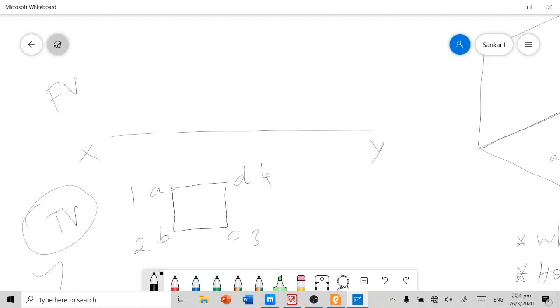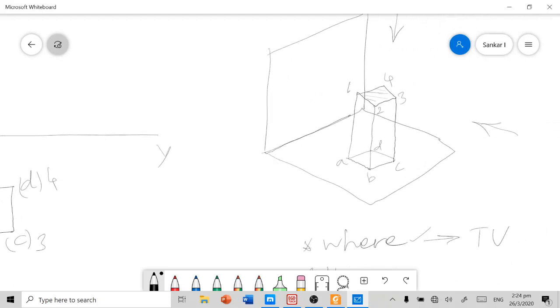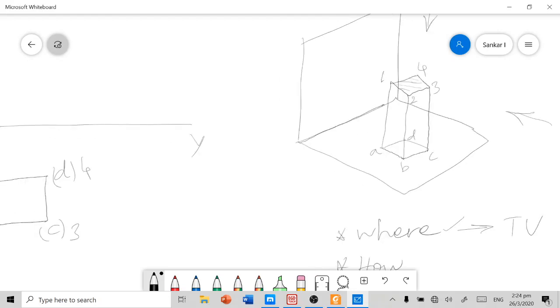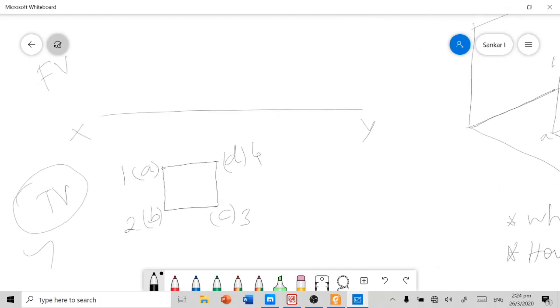After naming in this way, we have to put brackets for all the alphabets, because the alphabets are at the base corners and the numerals are at the face corners. When you look from the top, the alphabets are hidden behind the numerals from your vision. So we give brackets for all the alphabets.